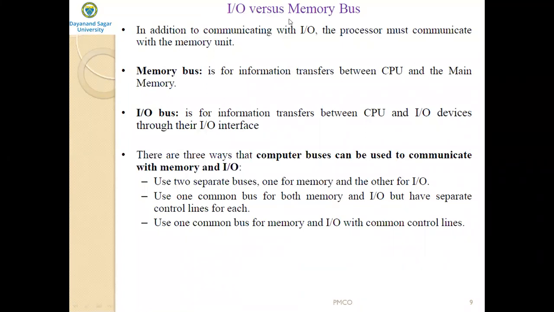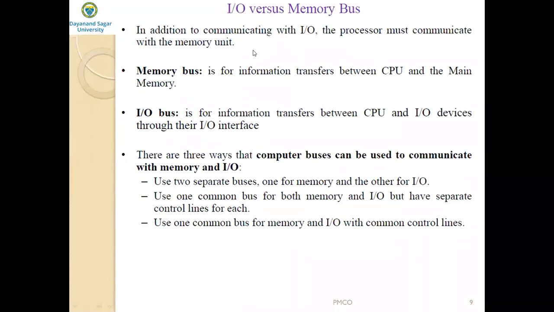Then input output versus the memory bus. As you know, so far we know how the peripheral devices are connected to the CPU using the I/O interface circuit or I/O module. In addition to communicating with I/O, the processor must communicate with the memory unit also, isn't it?